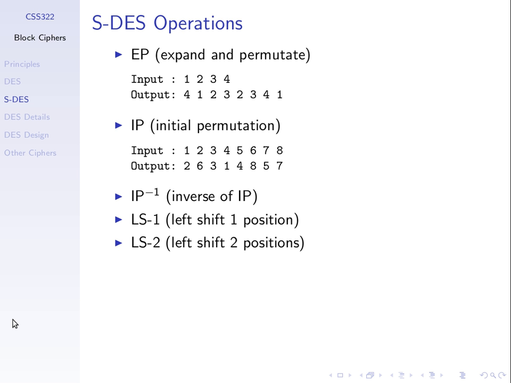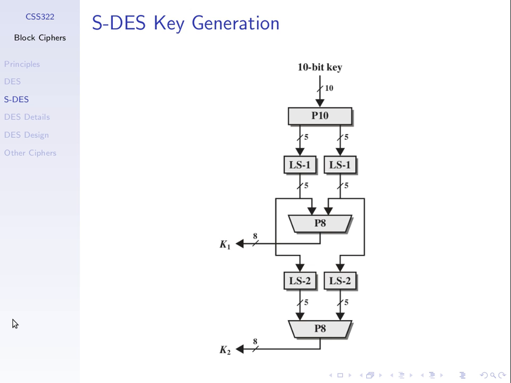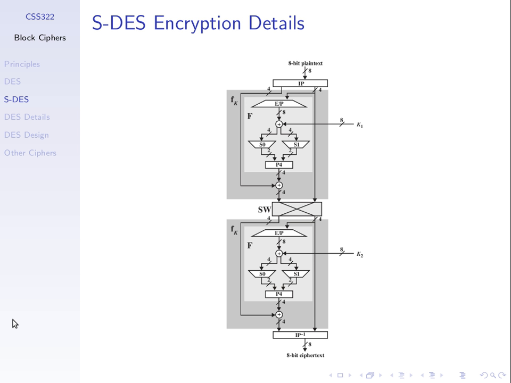Oh, here's initial permutation. It's just another rearrangement of 8 bits. Here is the details of the encryption. 8-bit input, initial permutation. This is the function. The darker grey box is f of k.